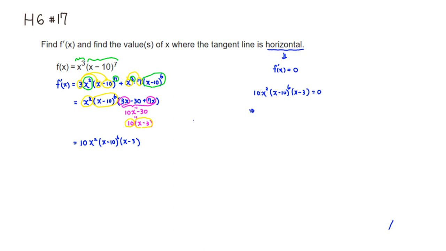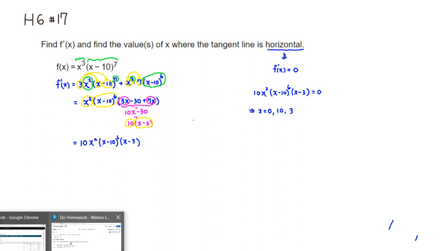We can make x equal 0, or we can make x minus 10 equal to 0, which means that x is 10. Or we can make x minus 3 equal to 0, which means that x is equal to 3. So the x values would be 0, 3, and 10.